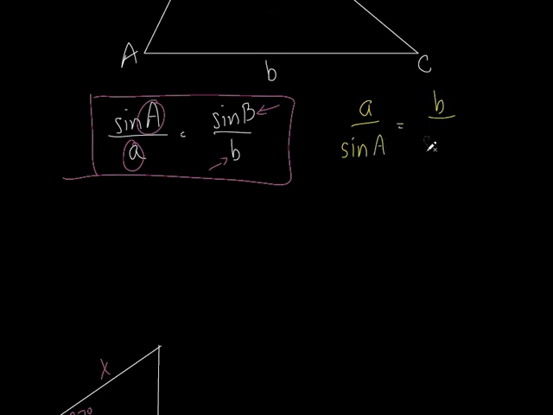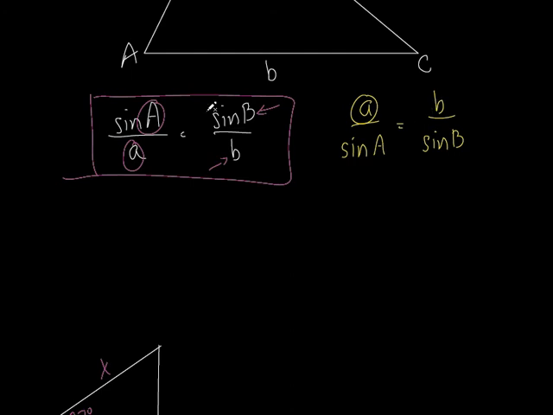To tell you the truth, I'm going to look to see what I'm trying to solve for. If I'm trying to solve for one of the sides, I'm going to write it like this. Why would I write it like this if I want to find one of the sides? Because the side would be on top. I think the algebra is a little easier if whatever you're trying to solve for is on top.